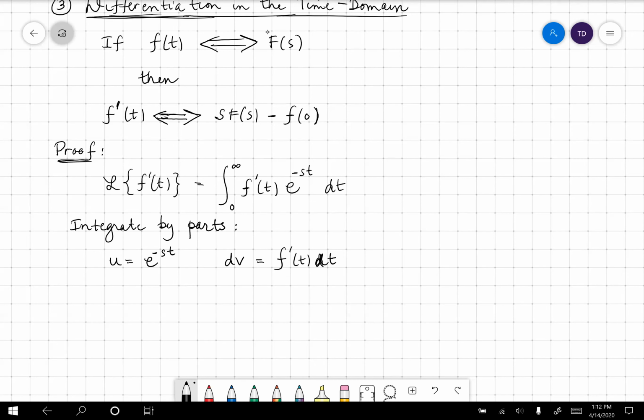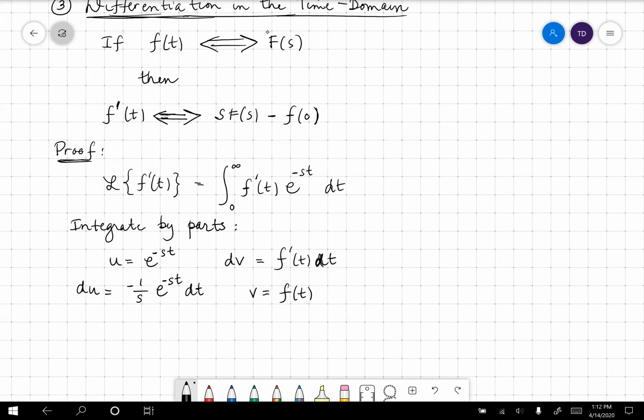So du must be equal to the derivative, minus 1 over s e to the minus st dt, and v is just the integral of the derivative, which is f of t.